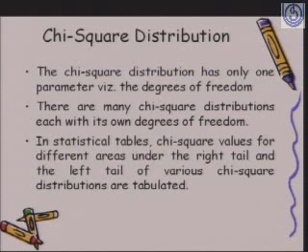In statistical tables, chi-square values for different areas under the right tail and the left tail of various chi-square distributions are tabulated. So basically, chi-square has only one parameter, that is the degrees of freedom, and you can find the value of the chi-square statistic from the table on the basis of degrees of freedom.